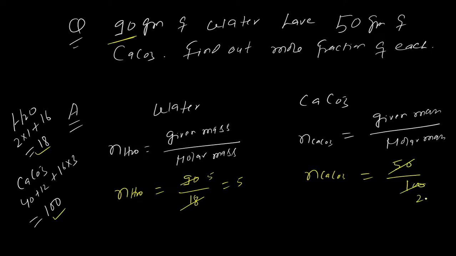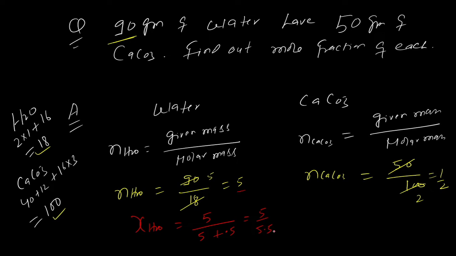So 50 over 100 means 1 by 2. Now you got the number of moles of each component. Now you have to find out the mole fraction of each component. So mole fraction of H2O will be number of moles of H2O divided by total number of moles. Number of moles of H2O is 5 and total number of moles is 5 plus 1 by 2, thus you can take 0.5. So 5 divided by 5.5.